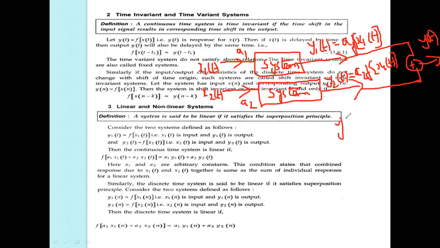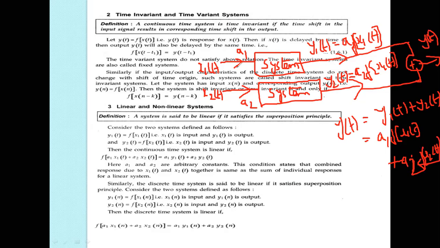What is y of t now? y of t is equal to y1 of t plus y2 of t, which is nothing but a1 times the function of x1 of t plus a2 times the function of x2 of t.